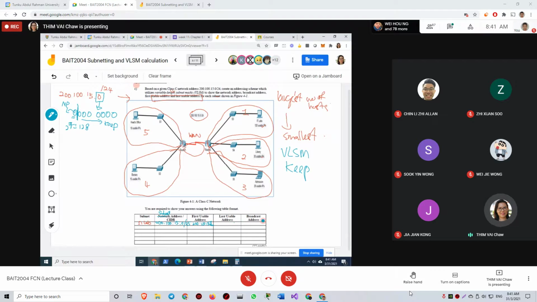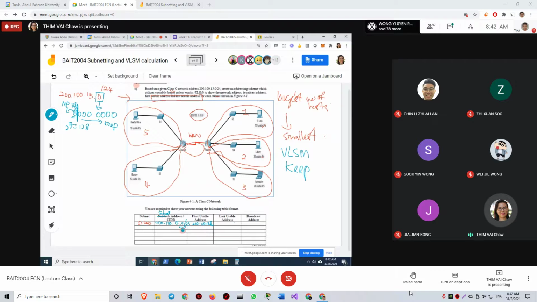Now to find out the broadcast address and the last usable address, I base it on the magic number. What is the magic number from this moment? My magic number here is 128. So that's why I'm using 0 plus 128. My answer here is 128.